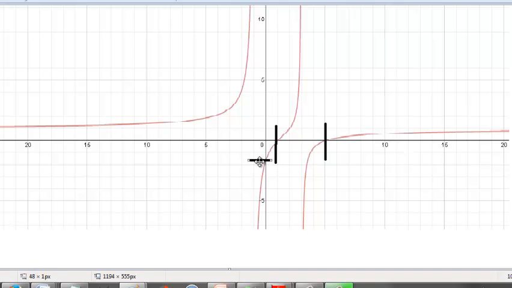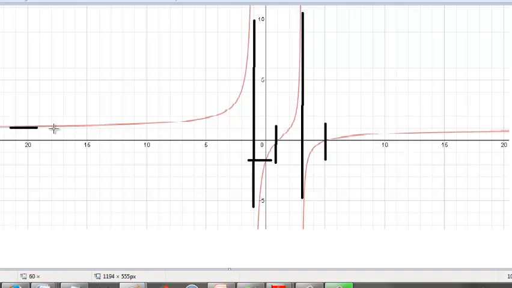You can see the vertical asymptote at x equals 3. You can see the other vertical asymptote at x equals -1. You can see the horizontal asymptote right here across at 1, at y equals 1.